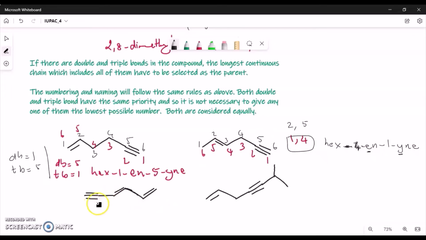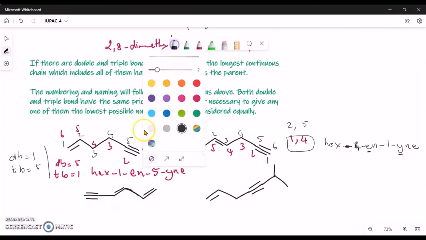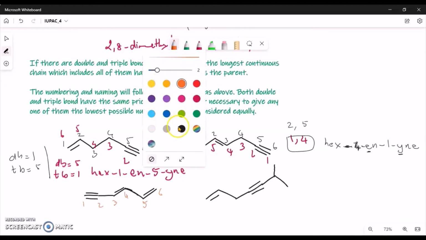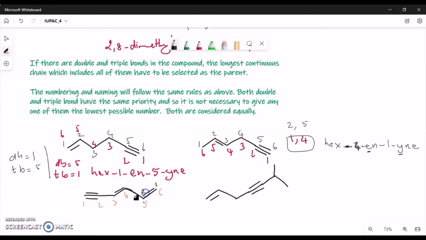Now let us look at the third one, which has 2 double bonds and 1 triple bond, and let us see how we can number those. Here the numbering has to start from this end, 1, 2, 3, 4, 5 and 6, and also from the other end, 1, 2, 3, 4, 5 and 6, which is the better numbering.